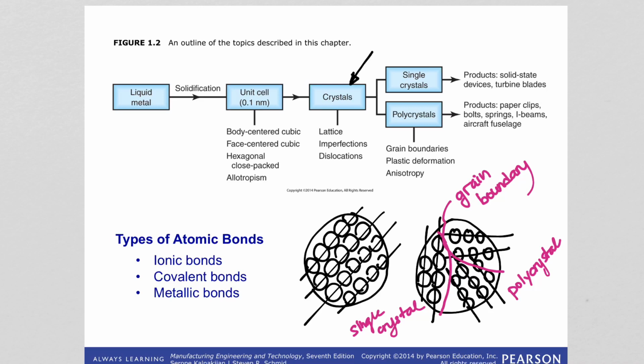Ionic bond, covalent bond, metallic bonds. So when we say ionic bonds, those are when one or more electrons from an outer orbit are transferred from one material to another. A strong attractive force develops between these two ions, like sodium and chlorine.